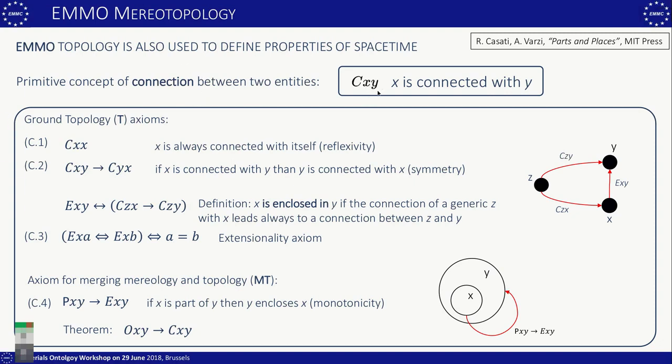So connection between parts X and epsilon is defined by this type of relation, and we can merge mereology and topology by defining a particular axiom that is based on the notion of enclosure, that is based itself on the definition of connection. I don't want to spend more time on this, but you can find in these slides the basic concepts, and you can find in this book more insights if you want.